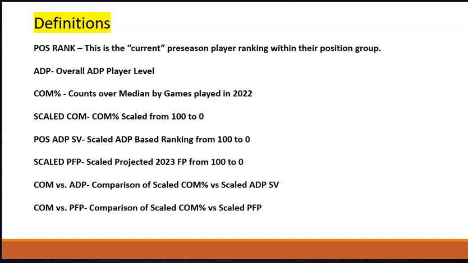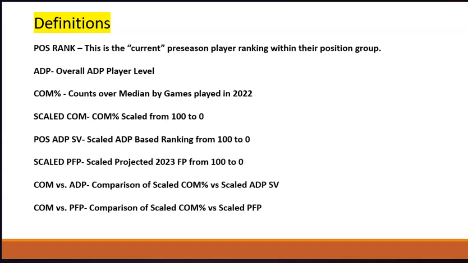What does the public think? Here's my com data scaled, what the public ranks scaled, and then my fantasy football projections of points for 2023 scaled. In other words, are players predicted to get a lot of points across the season or not?